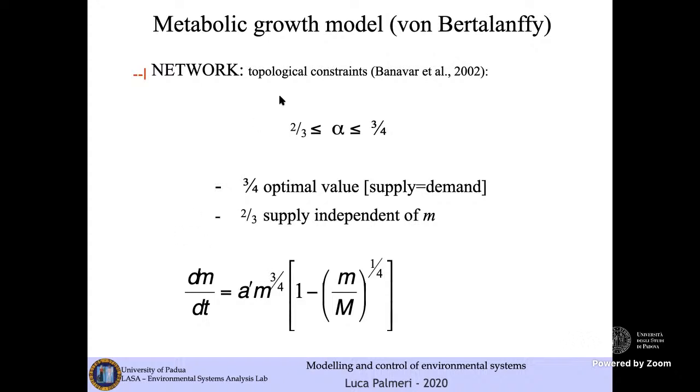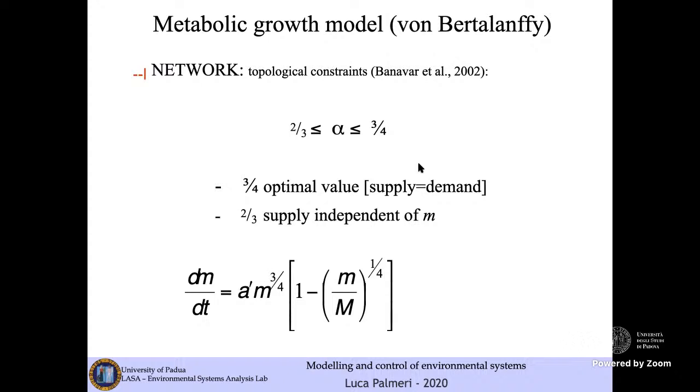The indication that you may find, for example, in this paper that was published in Nature almost 20 years ago, is that the 3/4 exponent is valid for optimal networks, so networks in which the supply of resources is equal to the demand of resources.